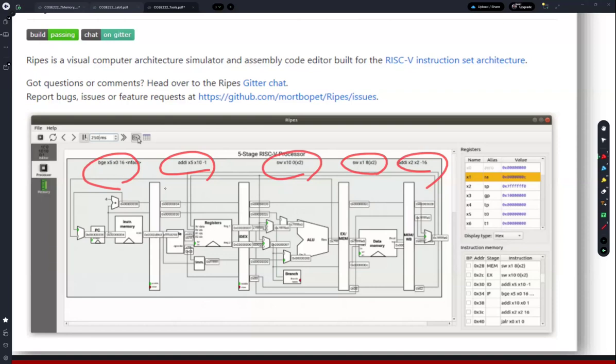That's why architecture research is usually more difficult, but it's fun compared to software research.